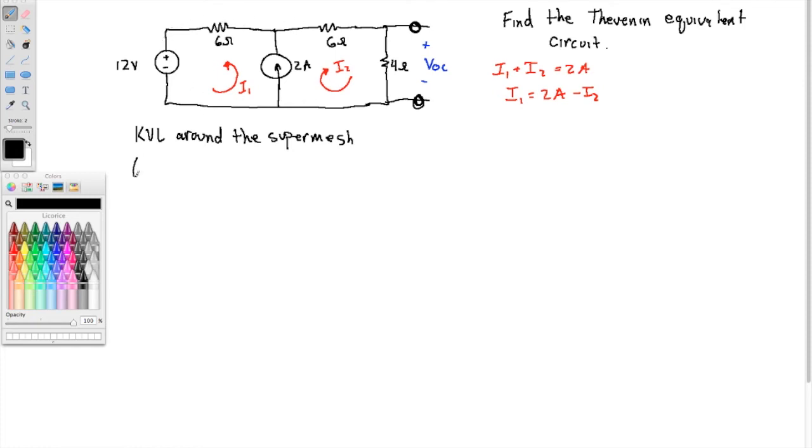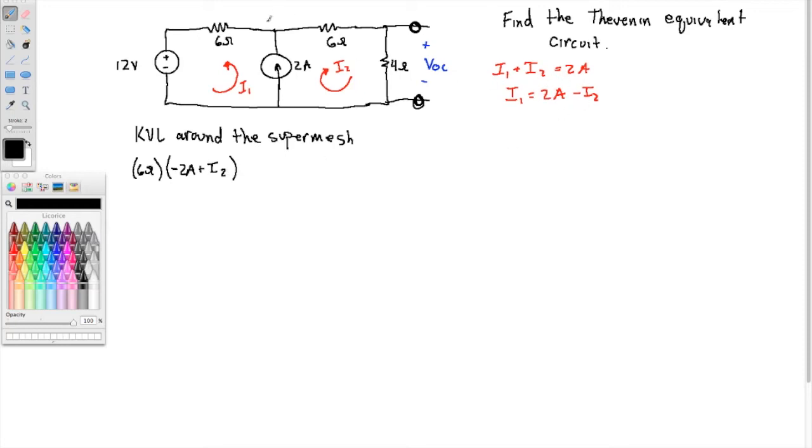So the 6 ohm resistor is what I get to first, and here only I1 opposes me, so I'm going to write minus 2 amps plus I2, because this is minus I1.